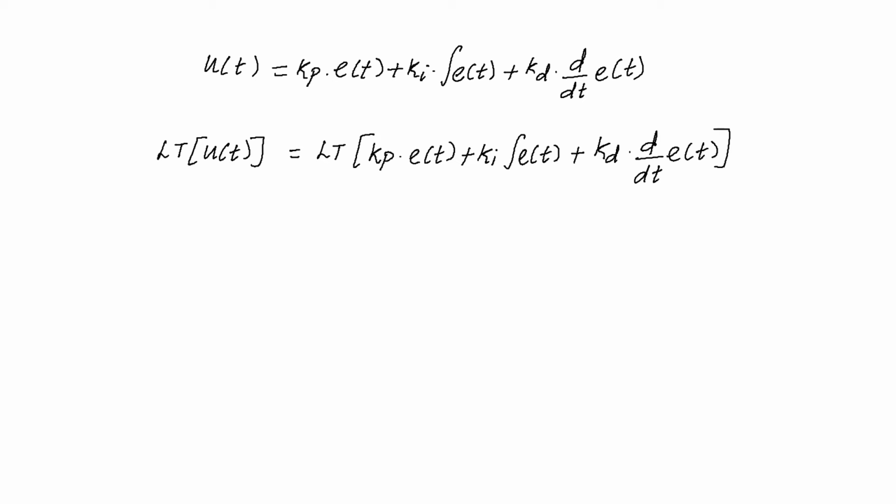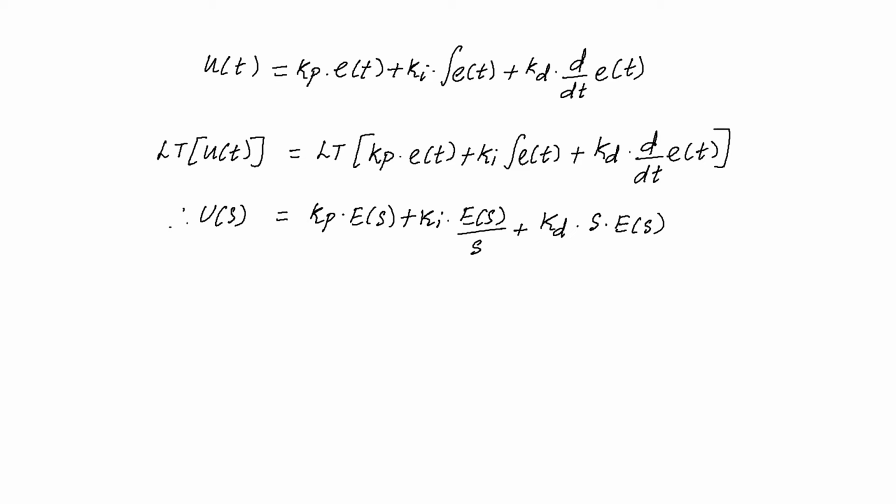So when you take the Laplace transform, the time domain becomes the frequency domain, so you can write the above equation as u of s is equal to kp dot e of s plus ki times, from the Laplace transform formula for integration, the Laplace transform of integral e of t is e of s divided by s, plus kd dot the Laplace transform of d by dt of e of t, which from the formula is s times e of s.